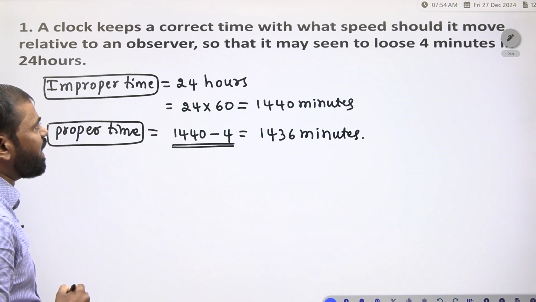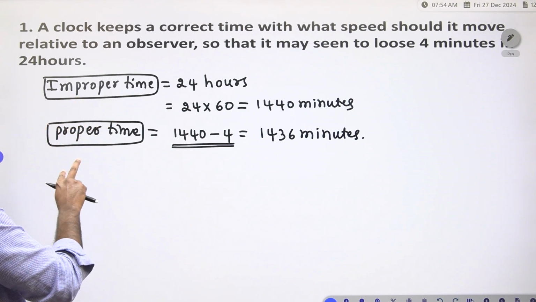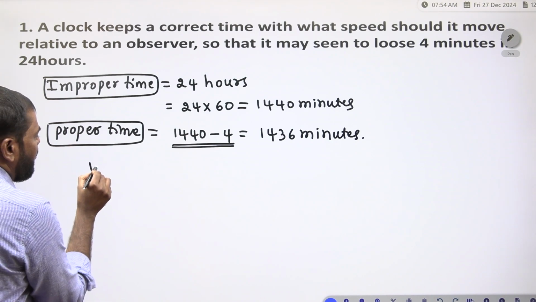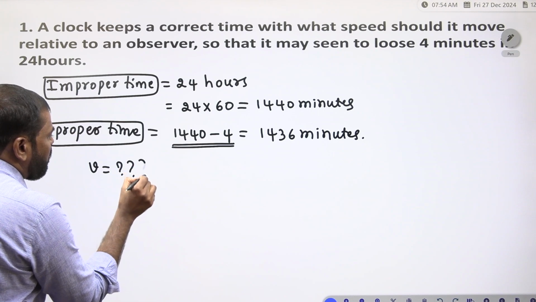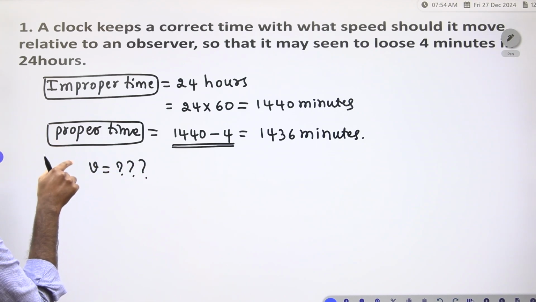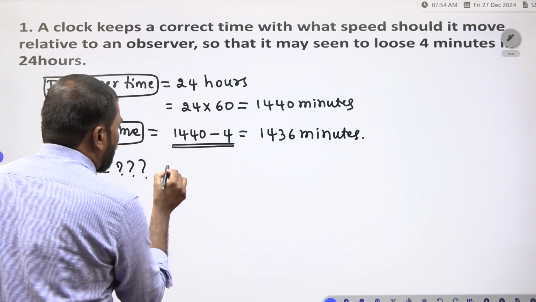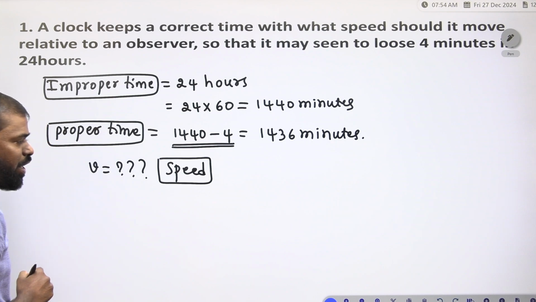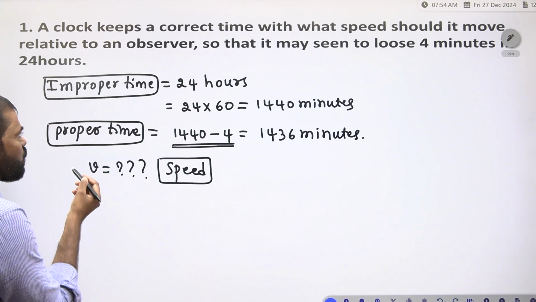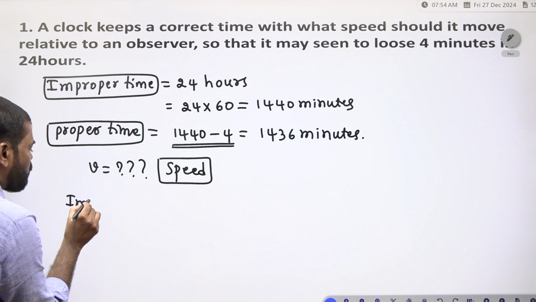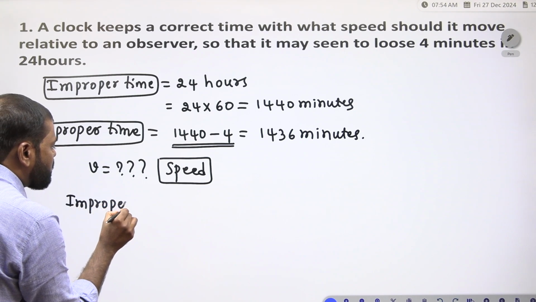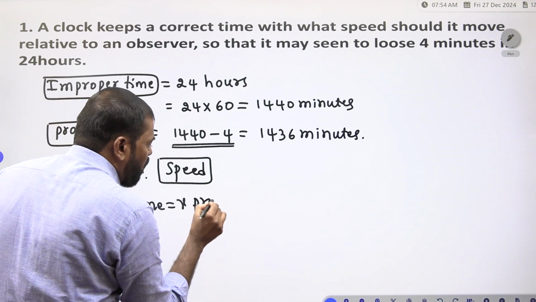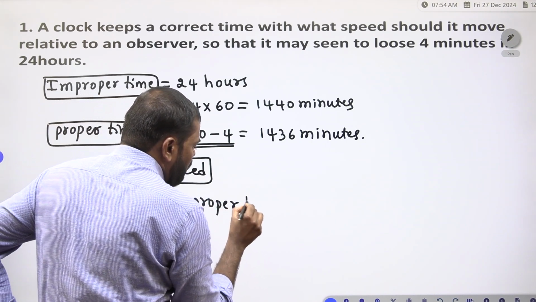Clear? Now we want to calculate the relative speed, or velocity, of that clock. We know the formula: improper time is equal to gamma into proper time.